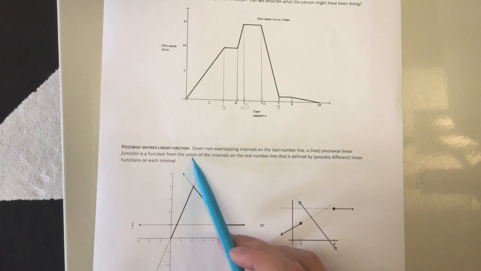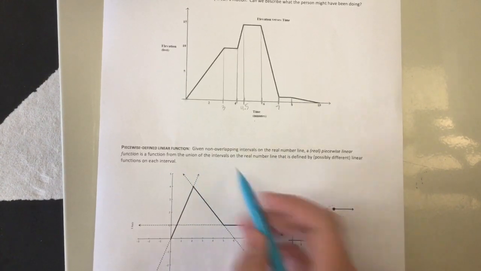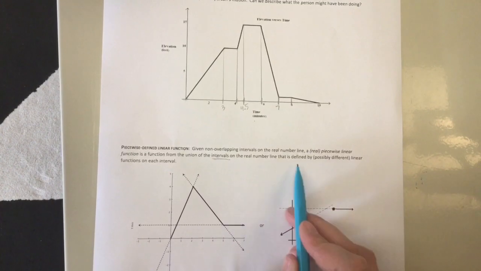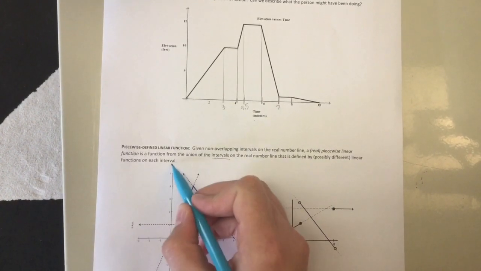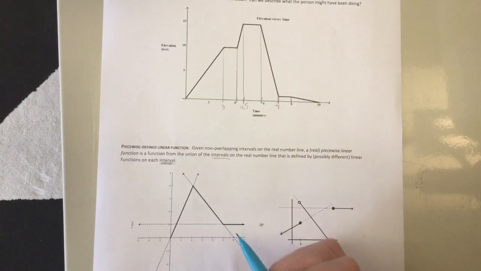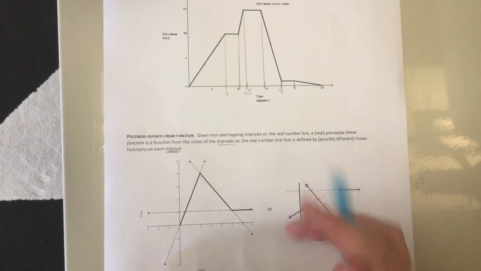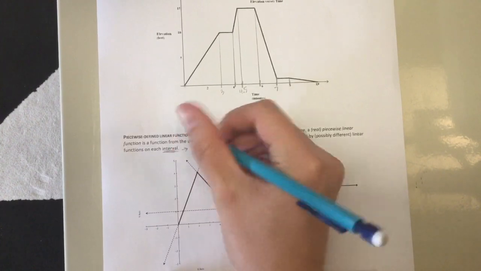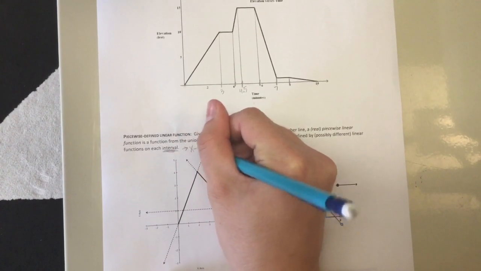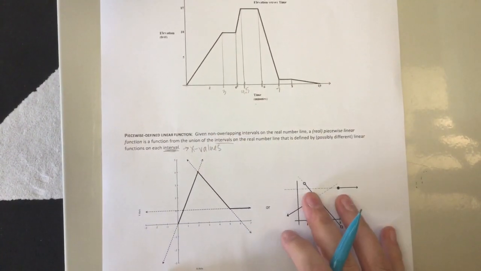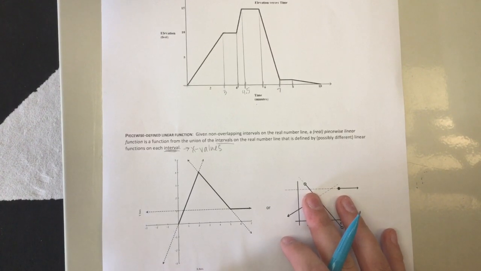And it's the union, or the collection, of all of the intervals that are defined by different functions on each interval. I use that word a few times as well. What's an interval, right? So an interval, we usually use x values to describe what an interval is.